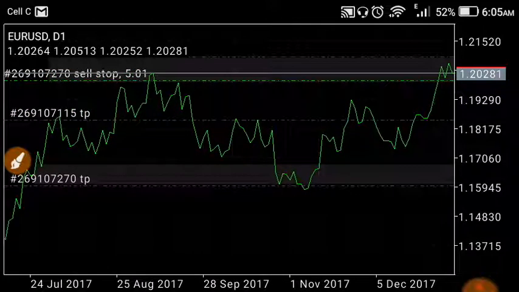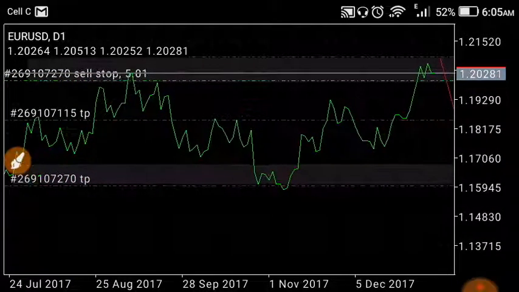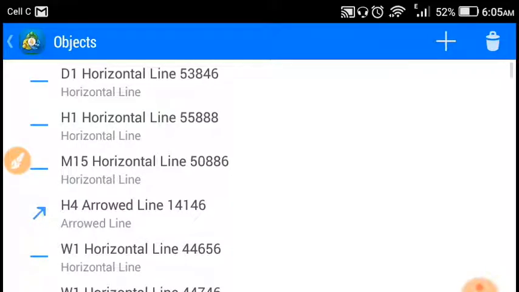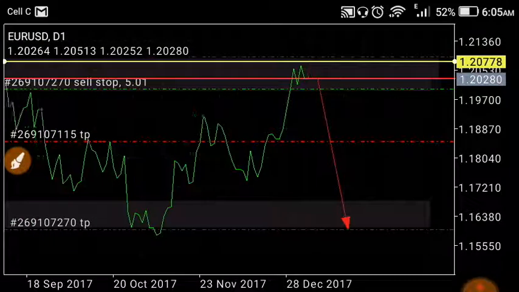The reason I do that is so that I can identify proper support and resistance levels. In this case, because we already have some historical data that already happened there, I can identify them much easier.